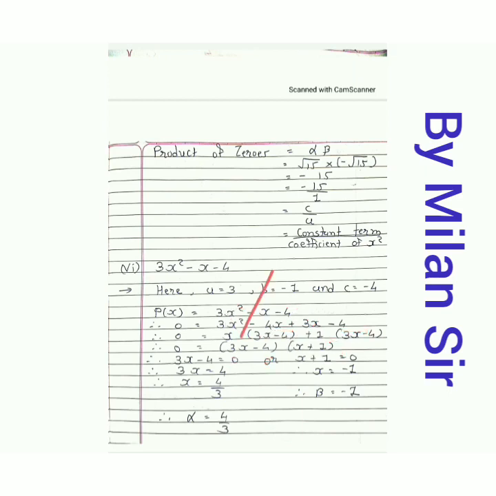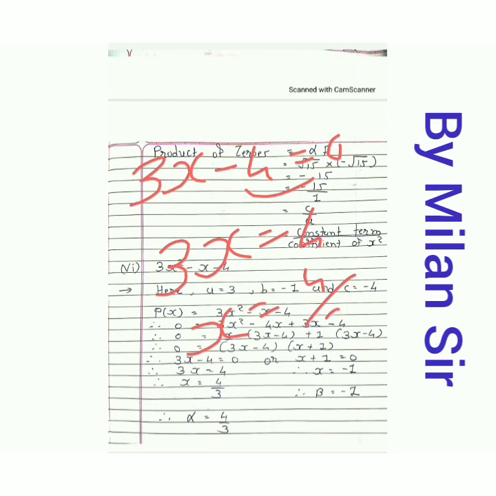So 2 brackets we got, 3x minus 4 and x plus 1. So either the first bracket is 0, or the second bracket is 0. So 3x minus 4 equals 0, or x plus 1 equals 0. So 3x minus 4 equals 0. Then transfer 4 to the right hand side, so plus 4, and transfer 3 to the right hand side, it goes in division, so 4 by 3.